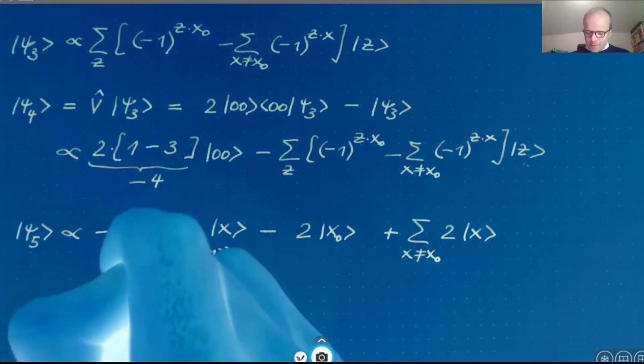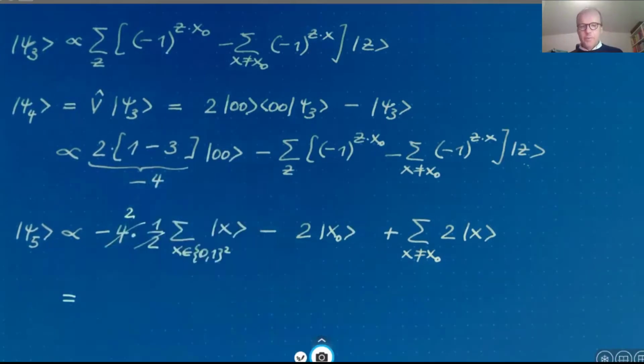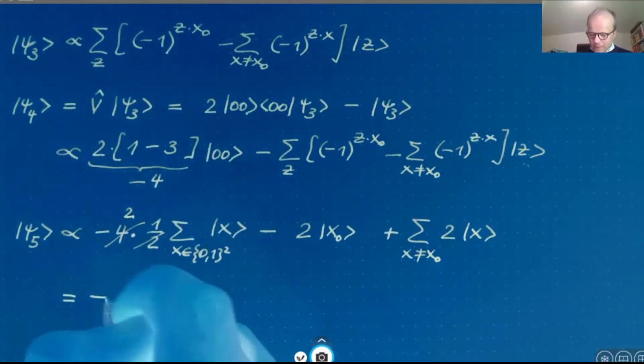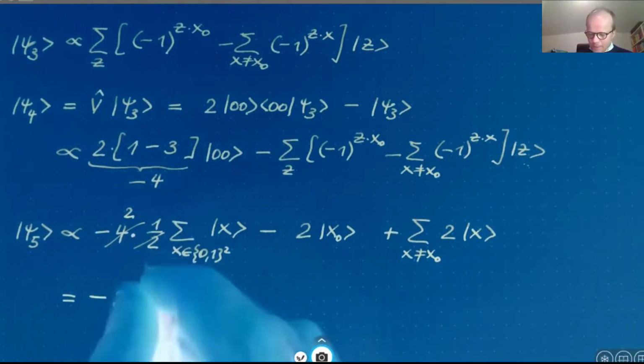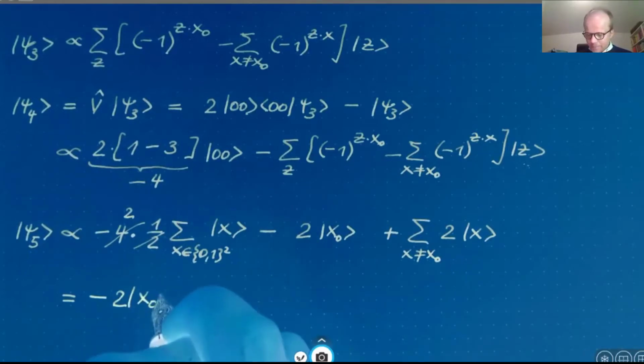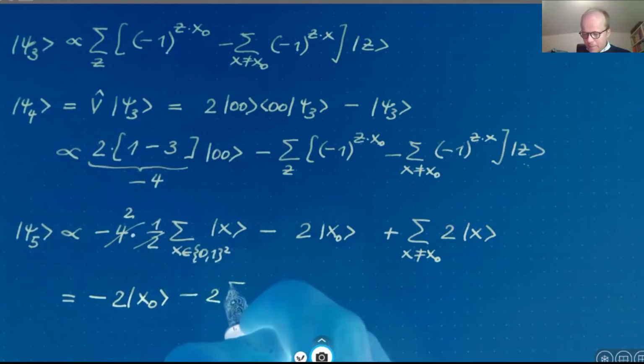We can split the first sum here in 2 parts, as we did at the very beginning of this algorithm. So we can split it into x naught and a sum over all the others.